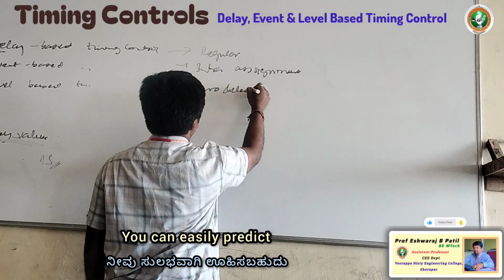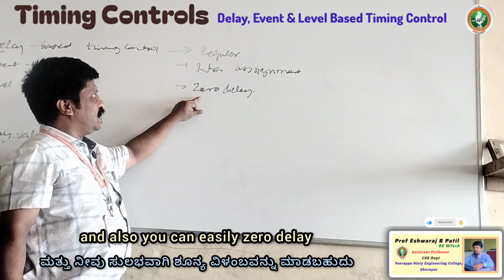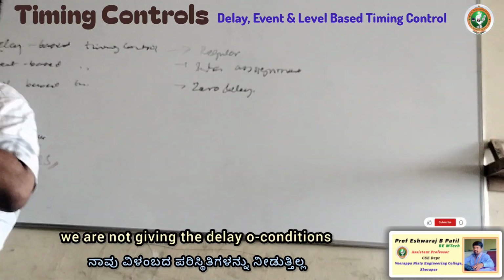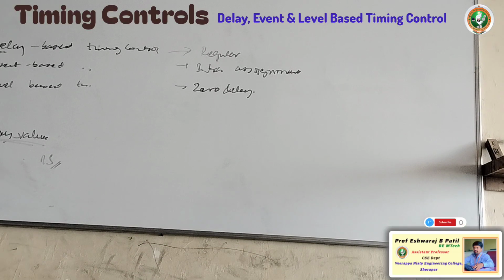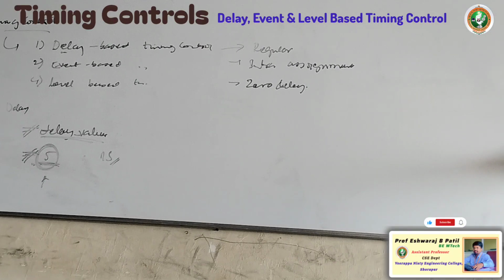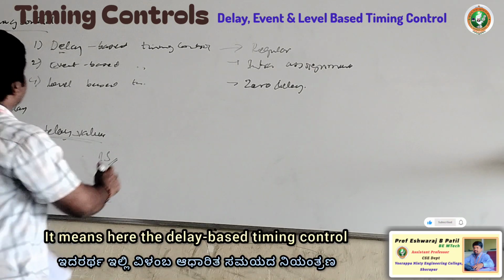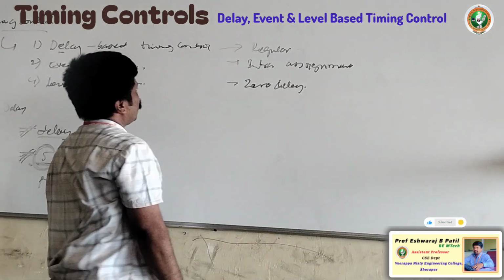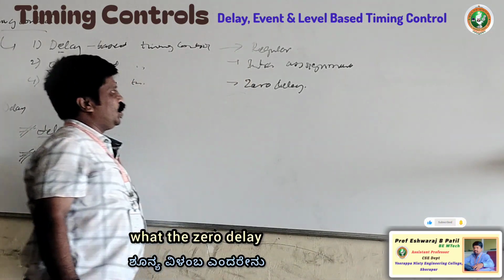You can easily predict the regular method, the intra-assignment delay, and the zero delay. In zero delay, we are not mentioning any delay conditions. It means within the delay based timing control itself, we have the regular delay control, intra-assignment delay, and the zero delay.